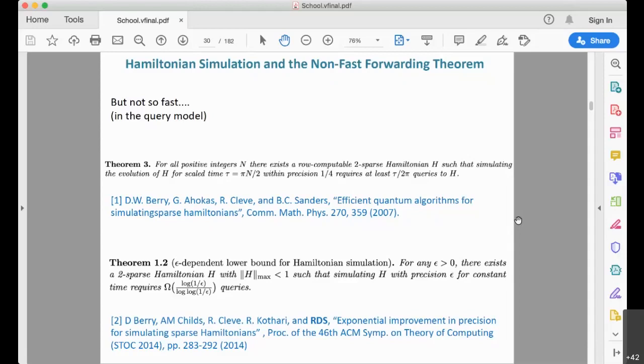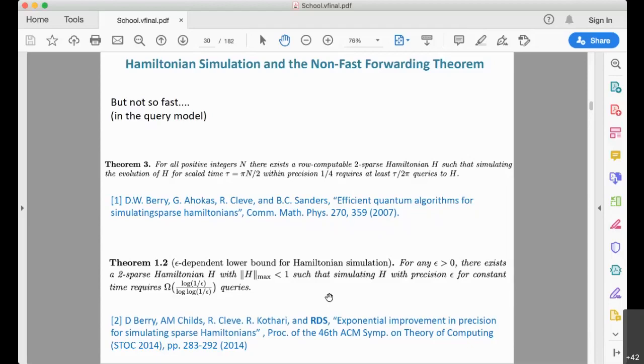There are generalizations of this that also include precision. The previous theorem doesn't tell you anything about precision; it is kind of assuming constant precision. But if precision is something that you care about, then a version of this theorem is telling you that the number of gates or queries, to be more precise, also has to be lower bounded by some function that depends on this precision.